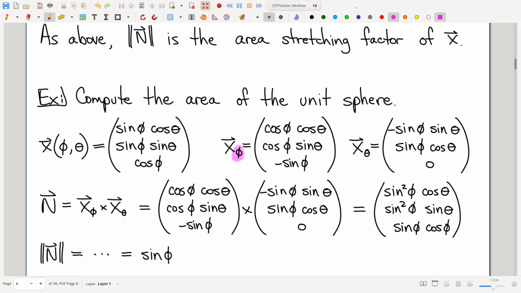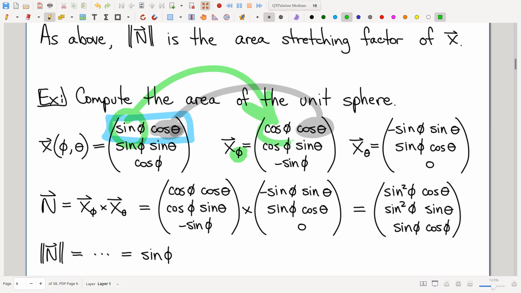Let's do this in green to be consistent. The partial with respect to phi of this: keep in mind that means theta is constant. That means cosine theta is constant. The cosine theta comes along for the ride. And the partial with respect to phi of sine phi is cosine phi, etc.